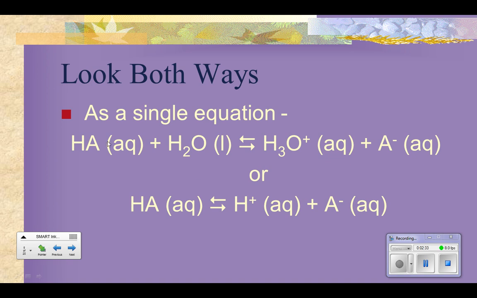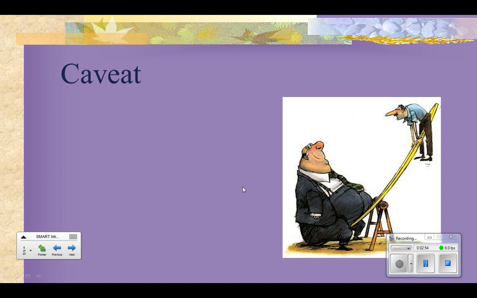So Bronsted-Lowry form here on the top, here it is in the Arrhenius form on the bottom. So we have two ways of writing the same reaction, and now we have a new way. This indicates that this reaction is reversible, and the fact that these reactions are reversible is going to open up a whole new set of opportunities and things that we're going to be able to do with that.